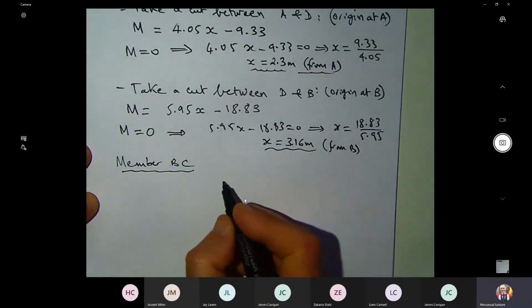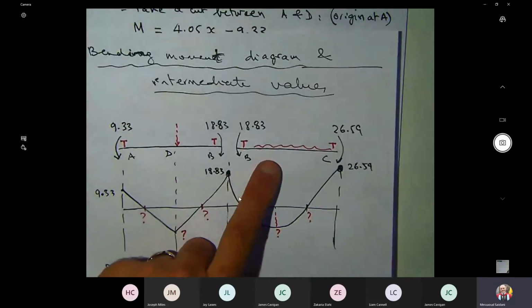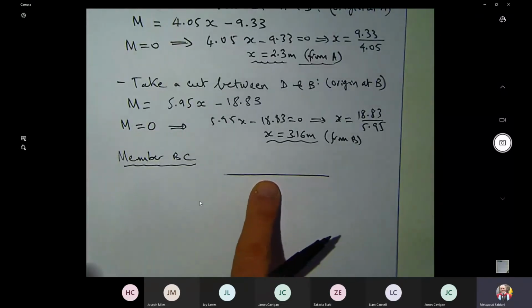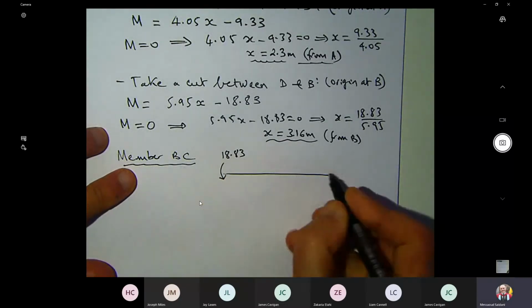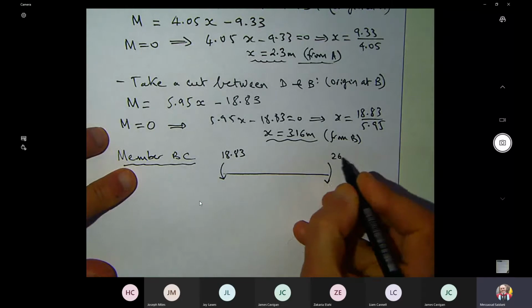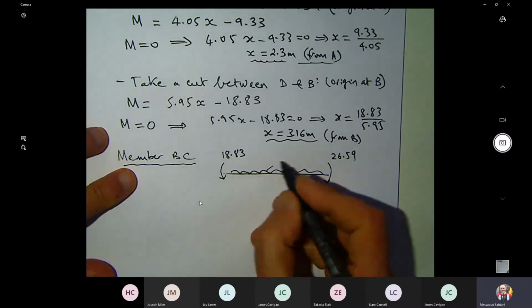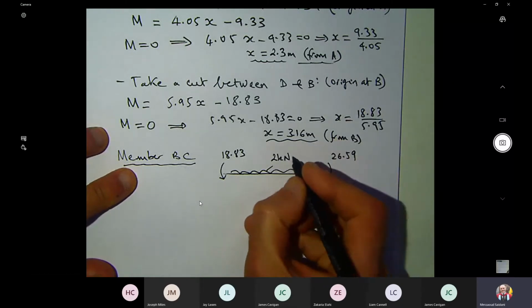So this is member BC. I'm going to copy it there. So we have 1883, we have 2659, we have a UDL of, what was it, 2 kilonewtons per meter.